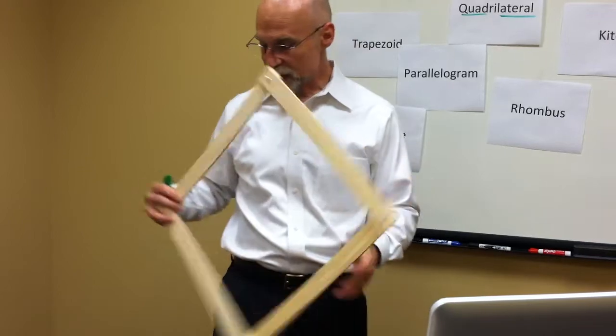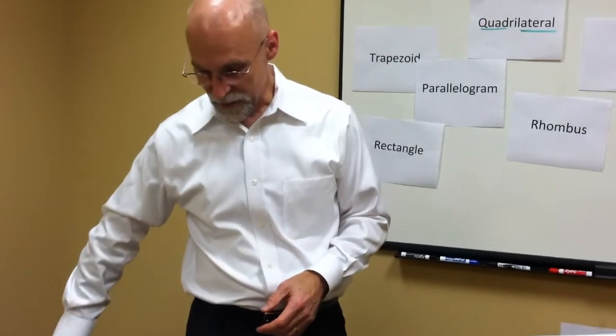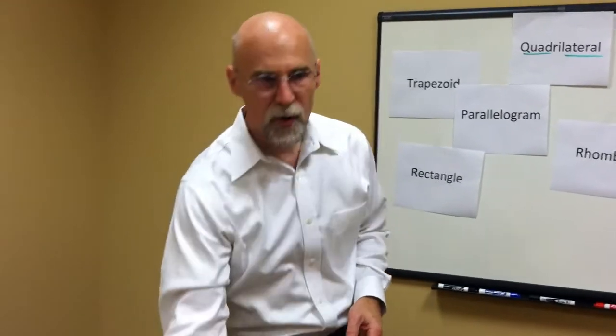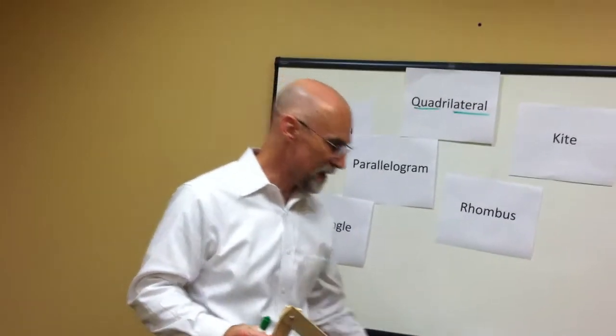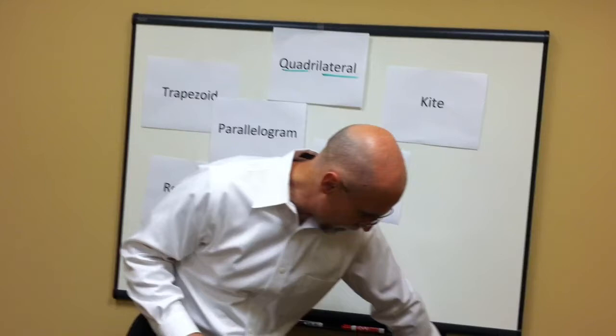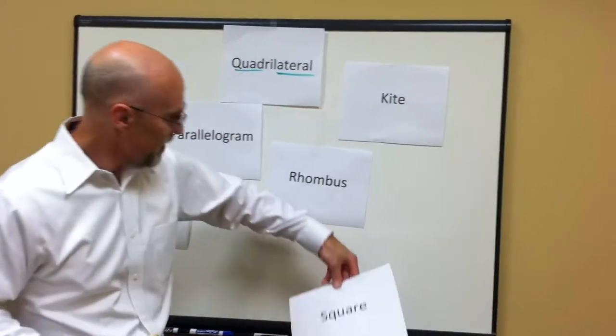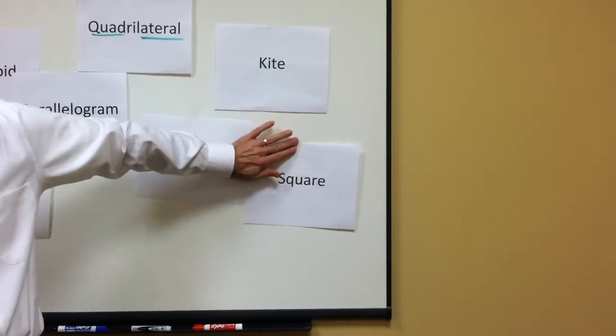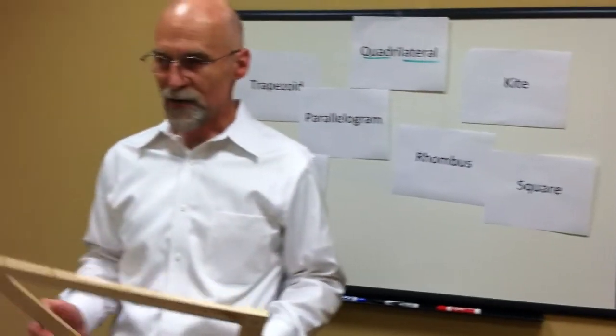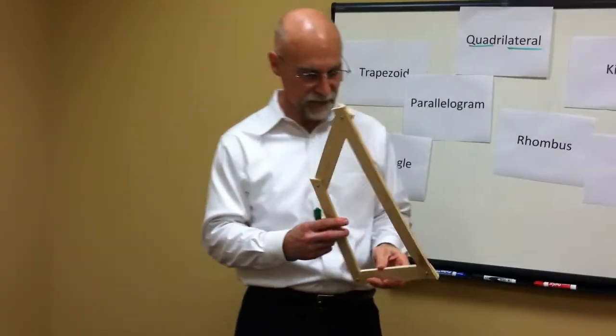Now, we've talked about a variety of quadrilaterals. All of the quadrilaterals that we've talked about at this point we can consider to be simple quadrilaterals, the square being the last one that we discussed. We can have quadrilaterals, though, of a little different nature.